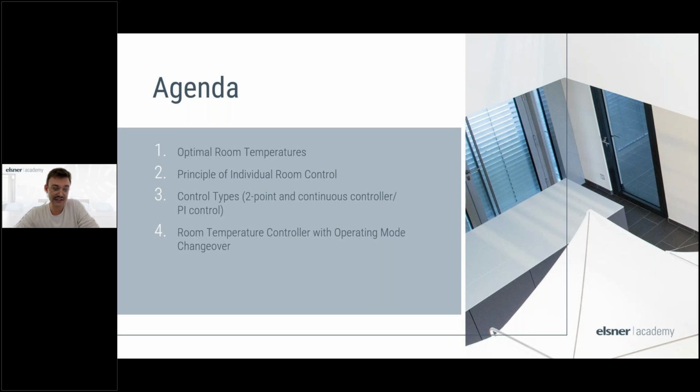Next up, we're gonna discuss the room temperature controller with the operating mode changeover. This is gonna be quite interesting for your projects. Next up, we're gonna discuss the case if you have two different heaters. For example, you have an underfloor heating and you have a radiator, how you can make them work together. This is considered the two-stage heating. Let's get into it.